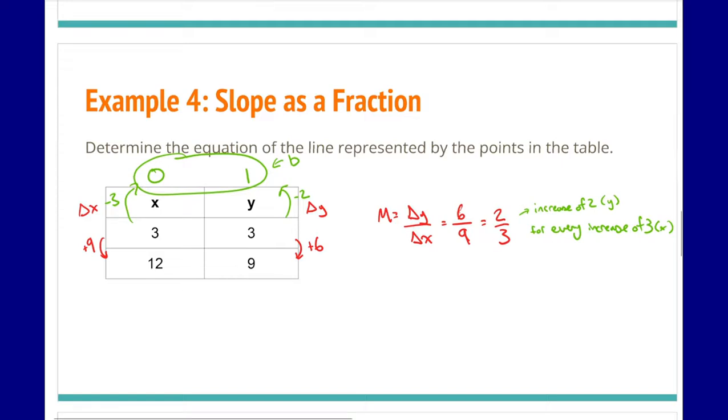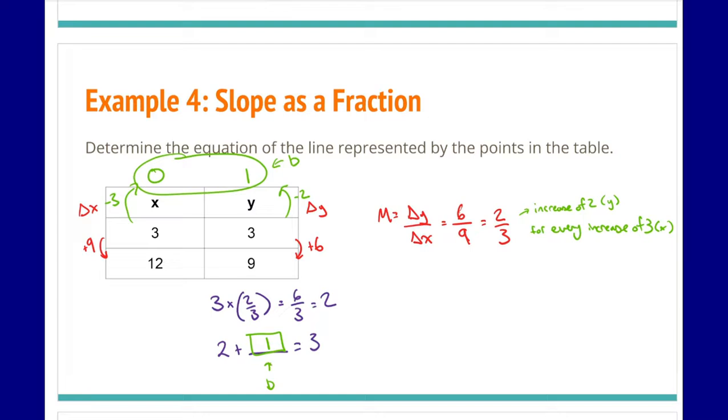If it didn't work out nicely, again, I can take a value, so 3, I'm going to multiply it by my multiplier, so 3 times 2 over 3 gives me 6 over 3, which is equal to 2. That means then that 2 plus something has to equal the y value, which is 3. The only thing that you can add to 2 to equal 3 is 1, which gives us the b value.